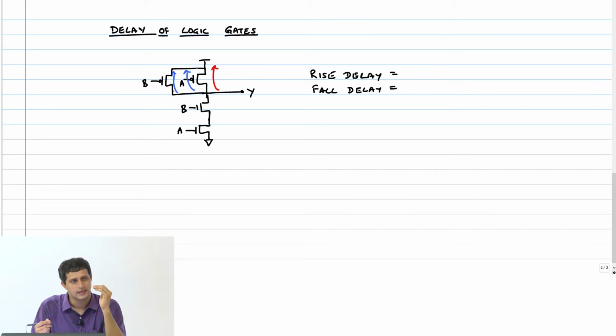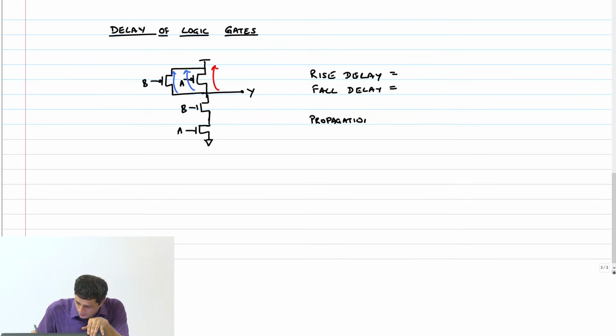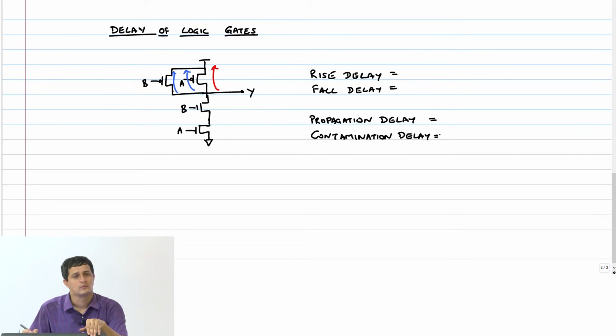So the definition of these two delays is, for each of these two, I have something known as propagation delay and contamination delay. So this is your worst case delay.